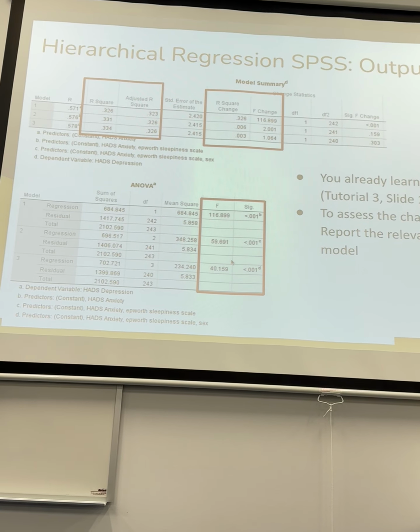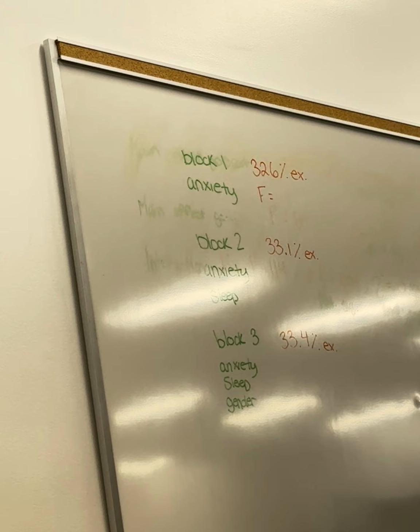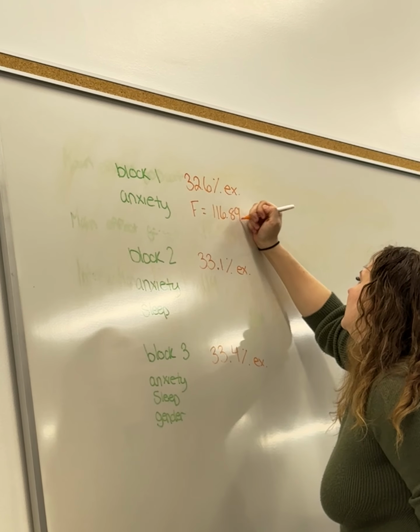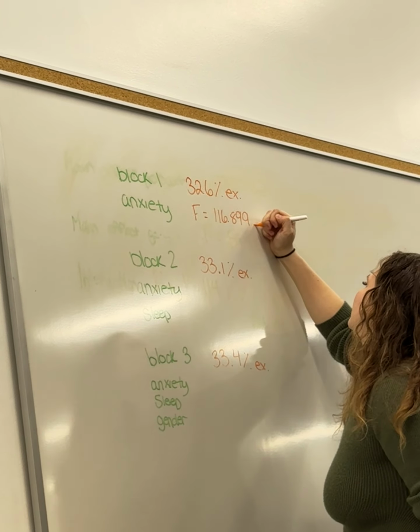You have an F statistic for block 1 of 116.899, and then you have a p-value of less than 0.001. You're going to do it for block 2. Your F value is 59.691. P-value, yeah, also less than 0.001.